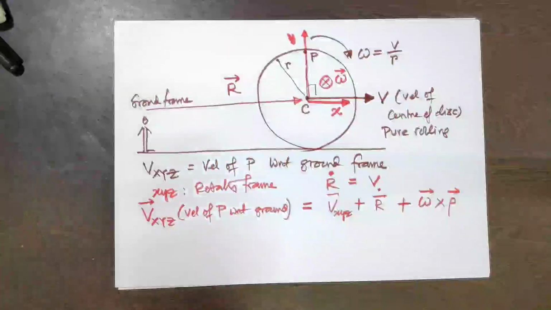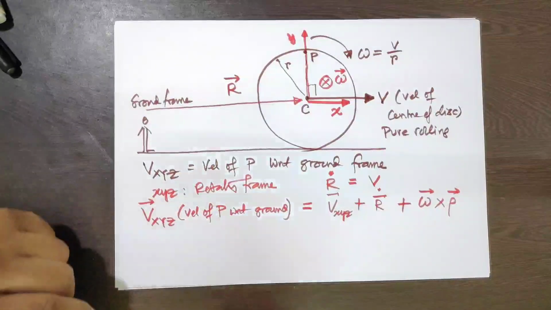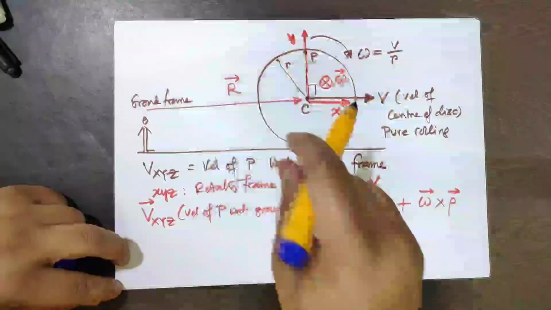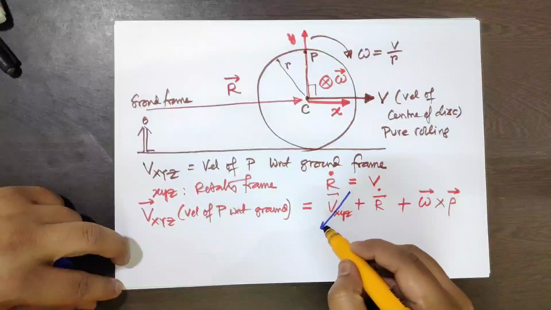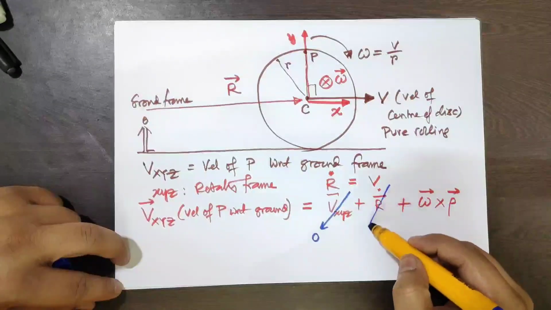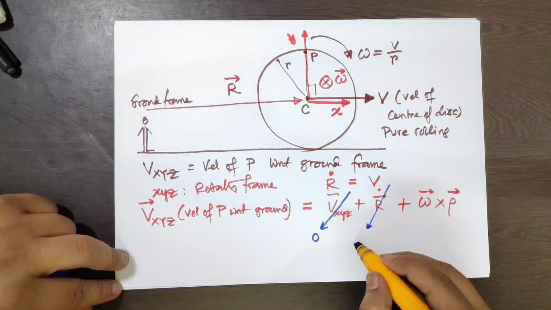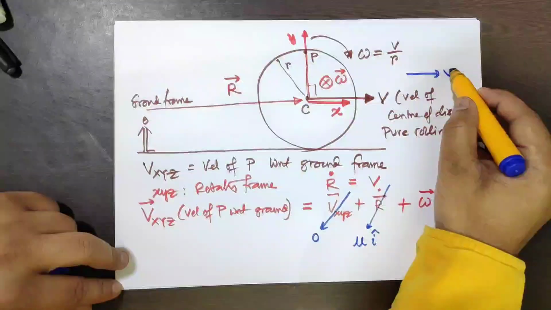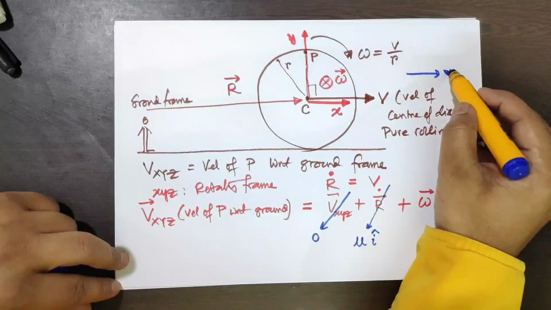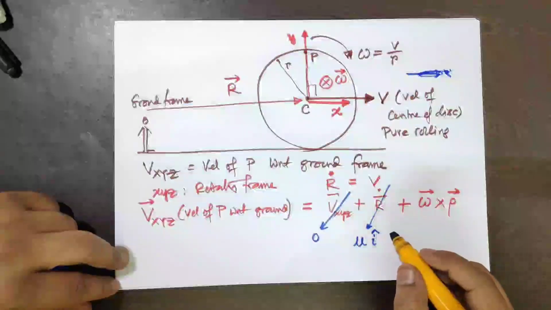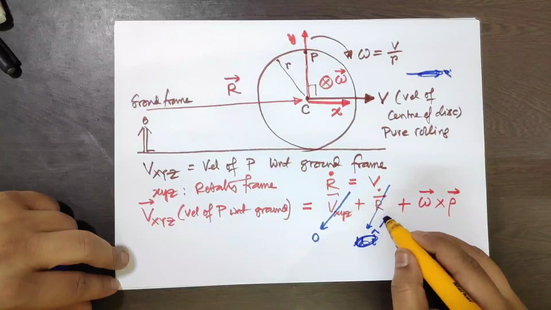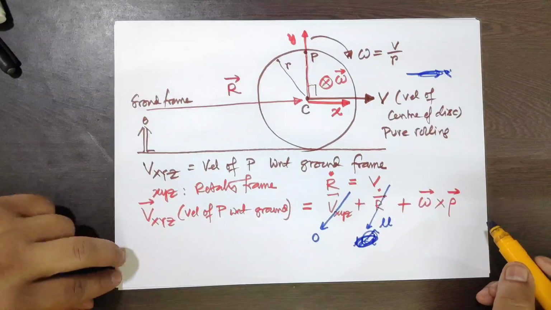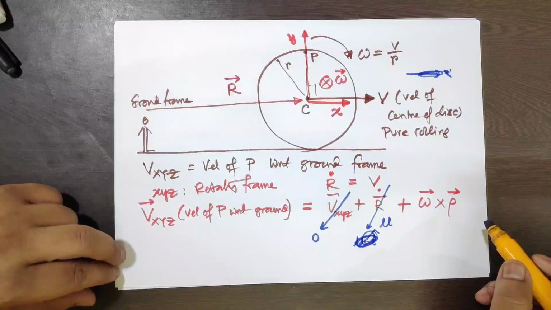So what is v small xyz here? From this small xyz, this point will be stationary because I've chosen a rotating frame. r dot will be u, let's put this vector u i cap. So this is the x axis, so u i cap, or you can write simply u, towards the right. And omega cross rho is how much?